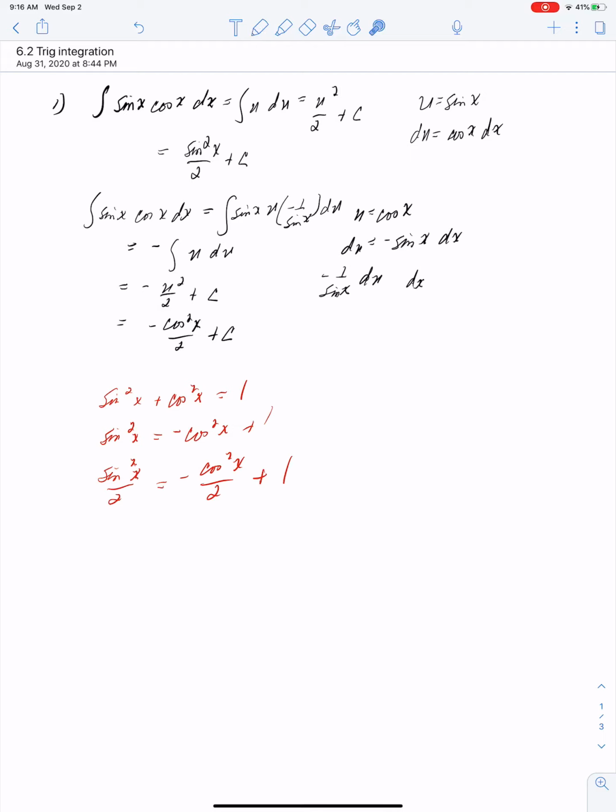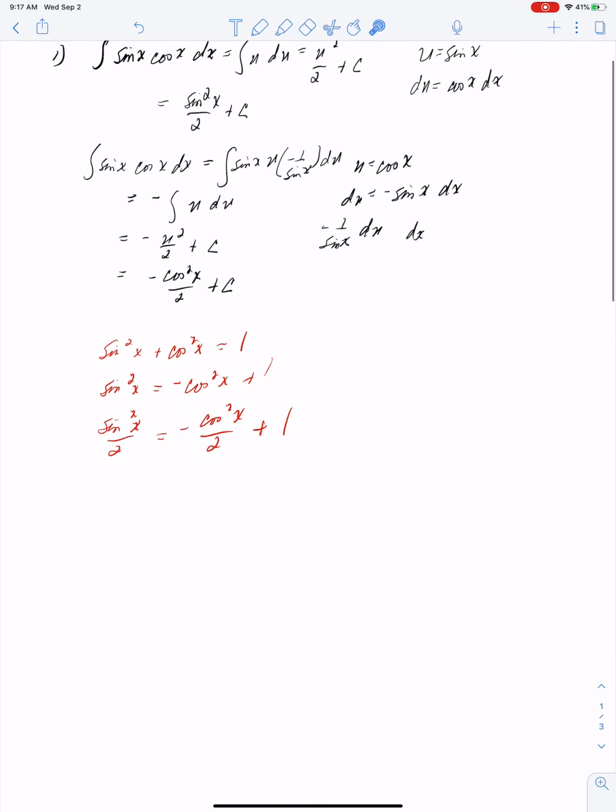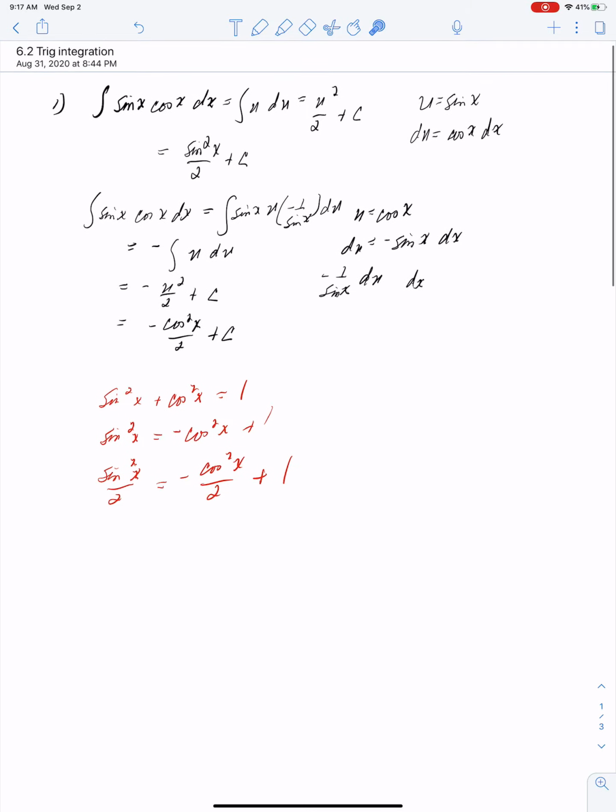And the point is, sine squared x is the same as minus cosine squared x at a constant. So sure enough, those two functions are different by a constant, and hence these two answers are the same because of this addition of the arbitrary constant.